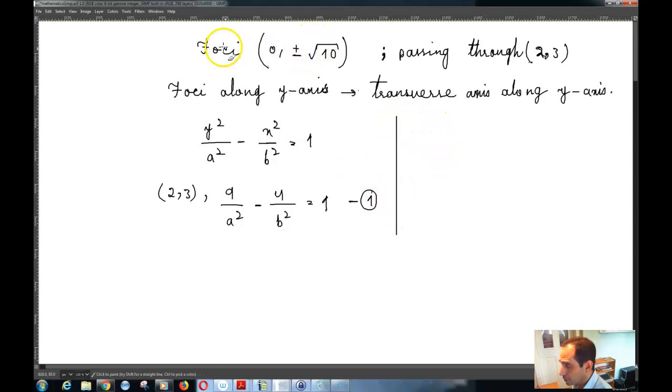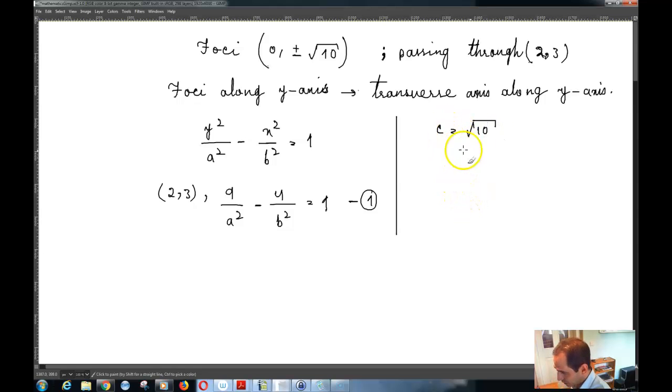Moreover, since the foci are at a distance c away from the center, my c is equal to square root of 10.